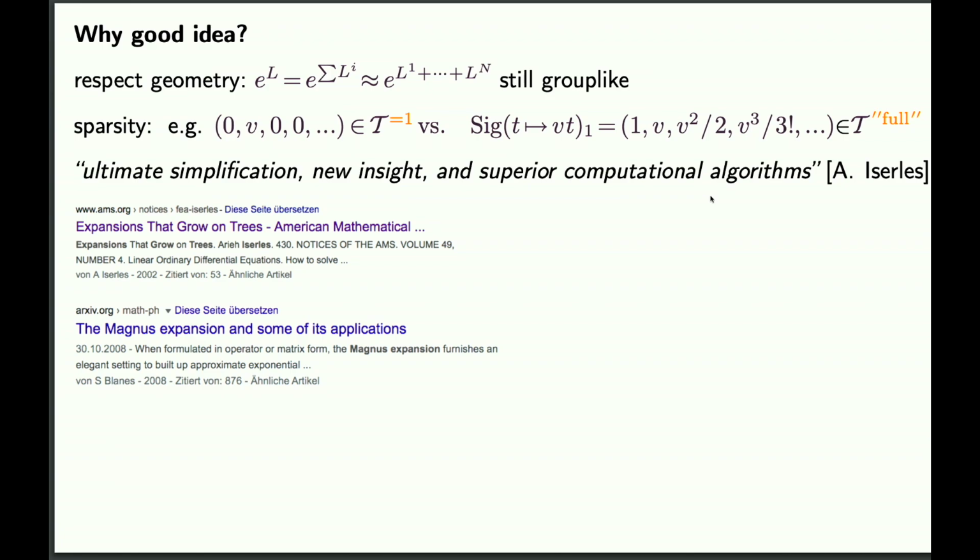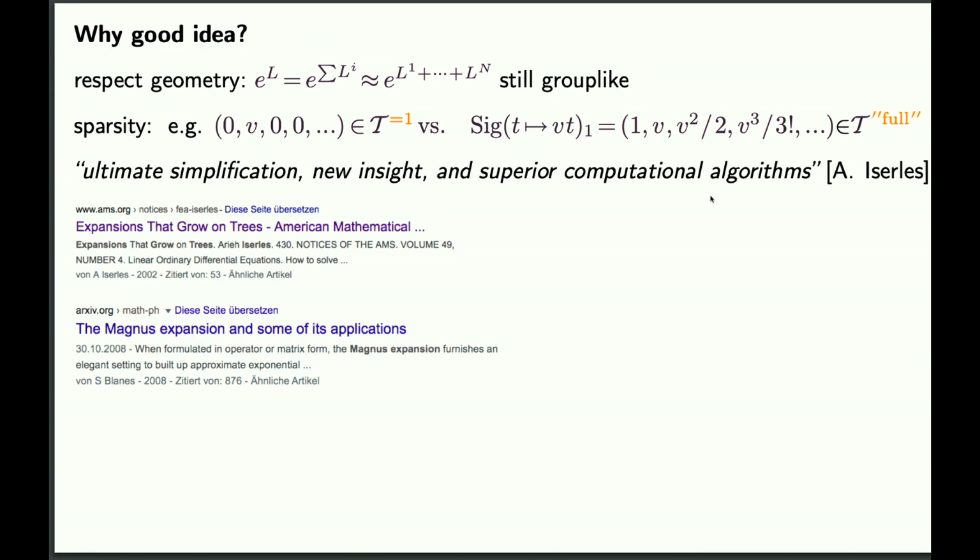Let me tell you a very simple computation here. So V here is a d-dimensional vector, a one tensor. And I think of a path that runs in a straight line in that direction, and I compute the signature of that path. If you remember iterated integrals, what you get is this here. And if you think in the tensor algebra, you can put them next to each other, but you can also add them up in the tensor algebra.